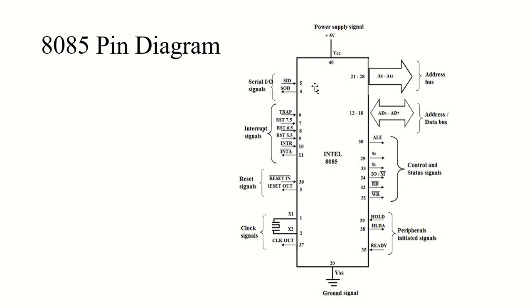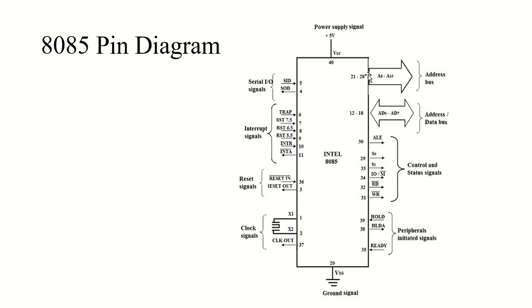Then the address bus starts from 12 to 19, and at 20 we have the ground signal. Then from 21 we again go on with the address bus, 21 to 28.